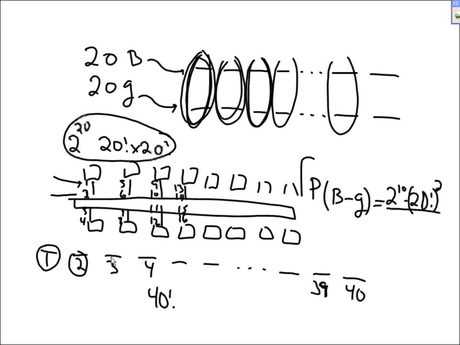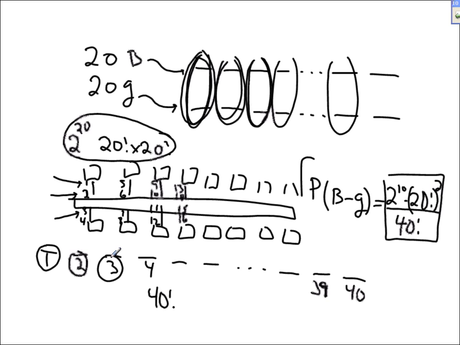Student 2 goes to seat number 2. Student 3 goes to seat number 3, etc. So you have to divide by 40 factorial. And there's the answer. And this completes the section on sample spaces where all outcomes are equally likely.